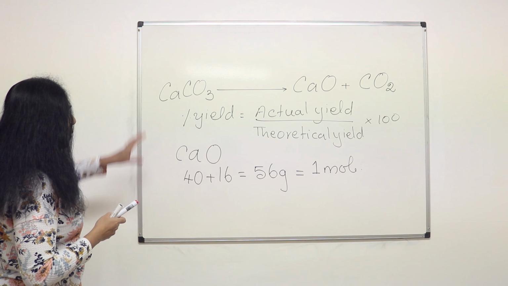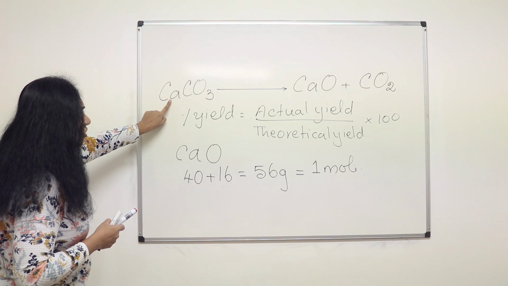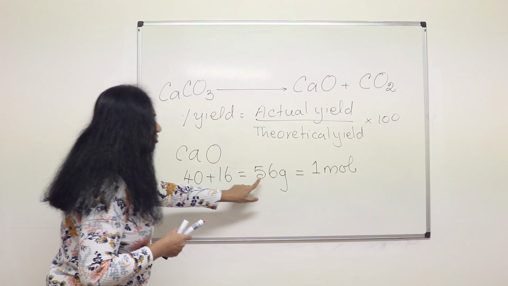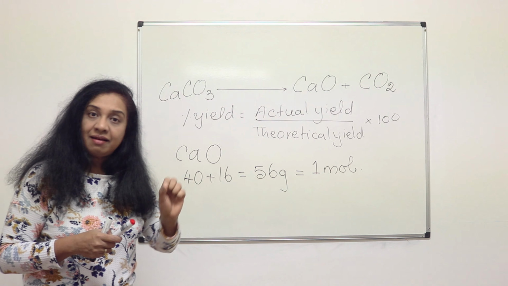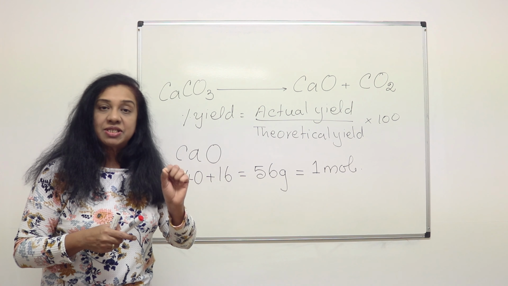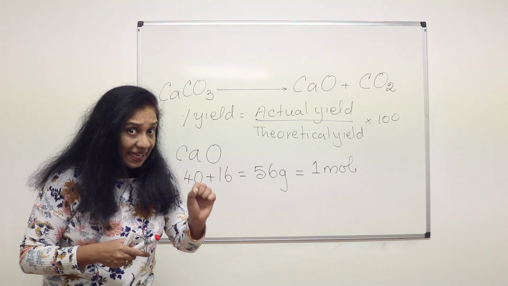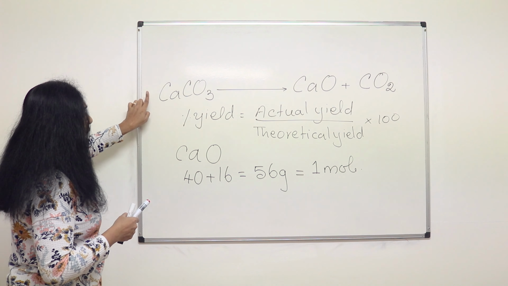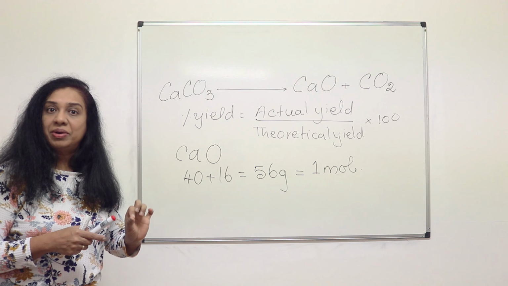Right. Now, when we thermally decompose 1 mole of calcium carbonate, we will be getting 56 grams of calcium oxide in theory. Therefore, 56 grams of calcium oxide is our theoretical yield. Now we will see how many grams 1 mole of calcium carbonate is.